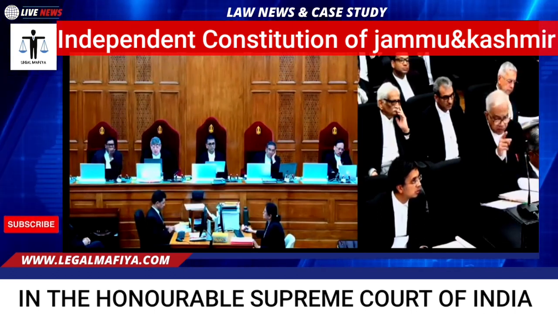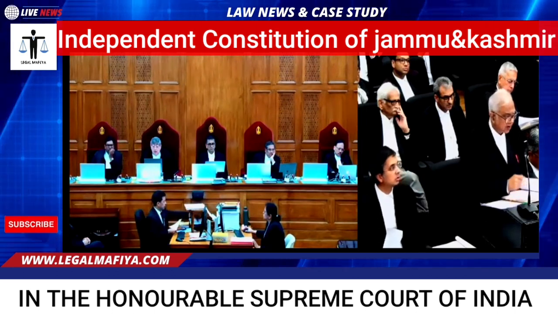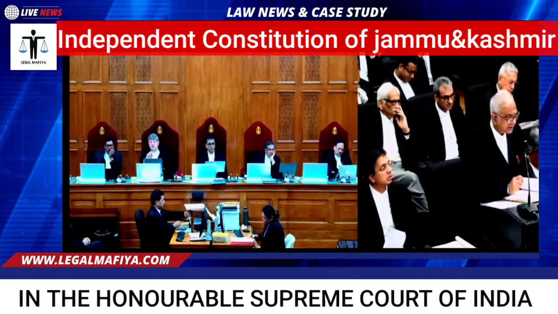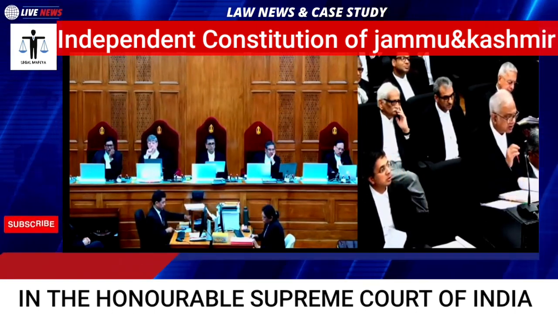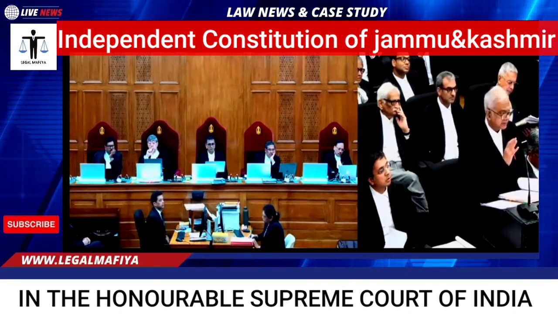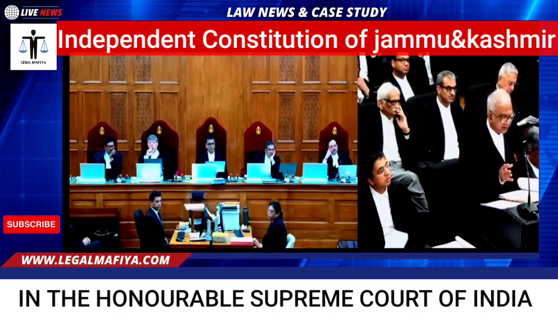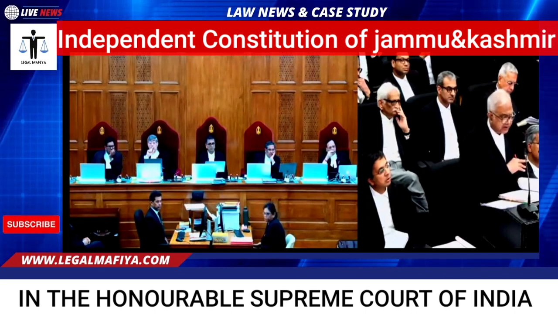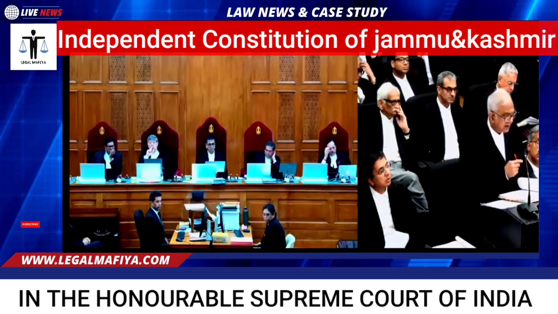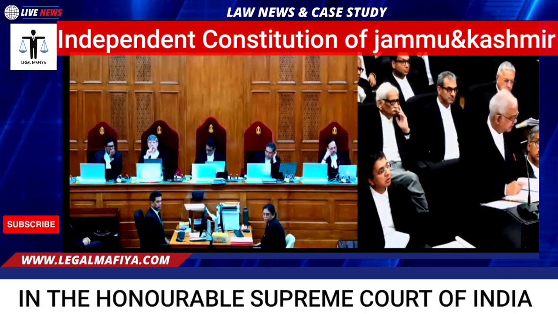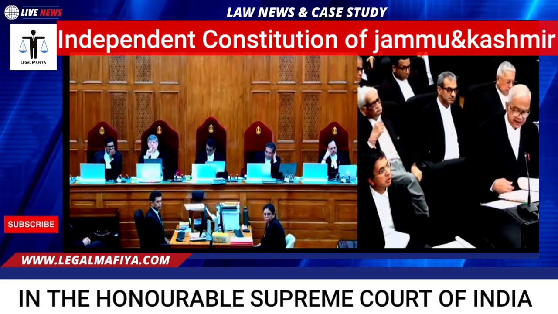Now there is no provision in the Constitution of India by which the J&K Constitution can be abrogated. There is no express provision. The only question is whether through the route of 371D this can be achieved.